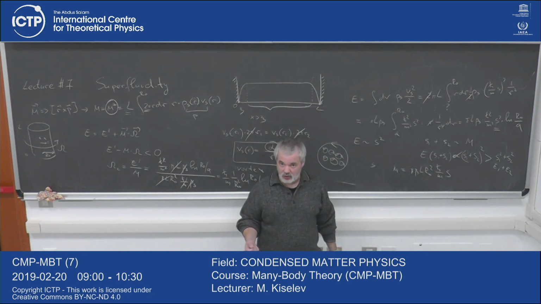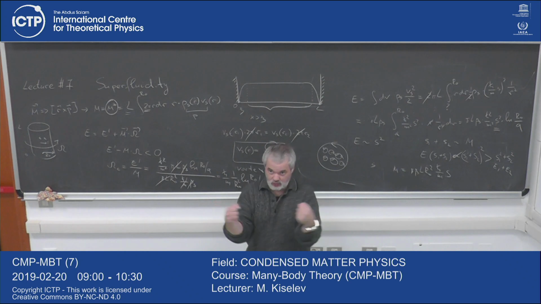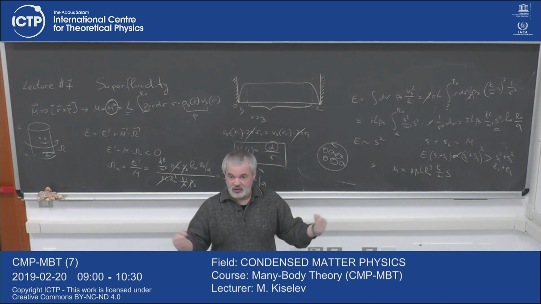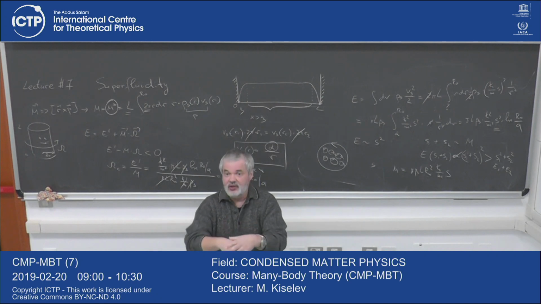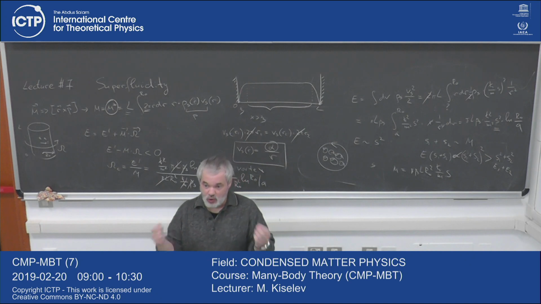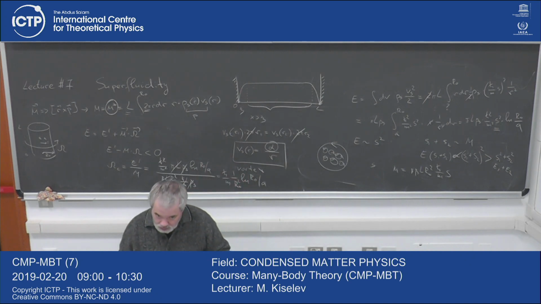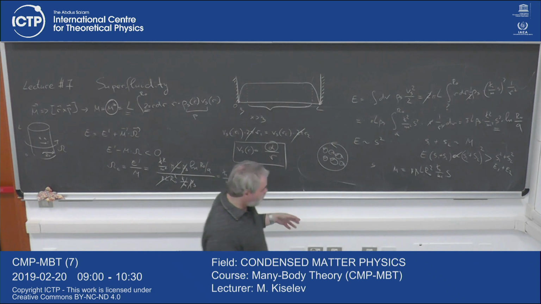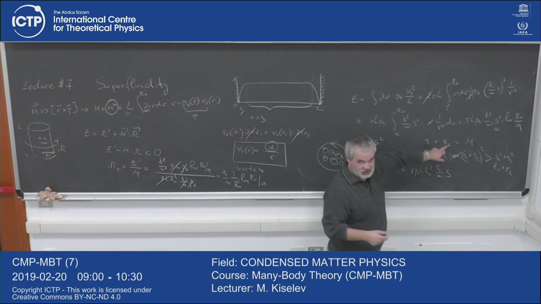So the question is now, these two vortices, when they approach each other, what are they doing? There are two options. They can attract each other and therefore collapse in a new bigger vortex. But since momentum is conserved, the new bigger vortex, which is a result of collapsing of two vortices characterized by momentum S1 and S2, should be characterized by momentum S1 plus S2.